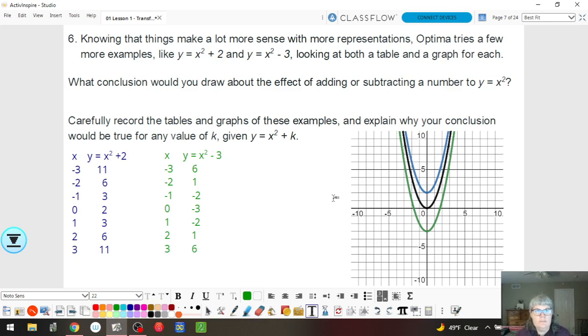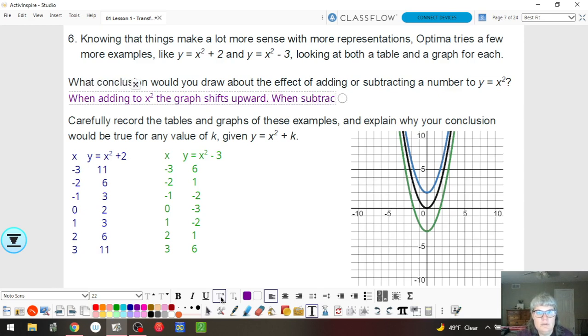So, what are some conclusions that you would draw about the effect of adding or subtracting a number to y equals x squared? This is what we decided in class. When adding to x squared, the graph shifts upward.